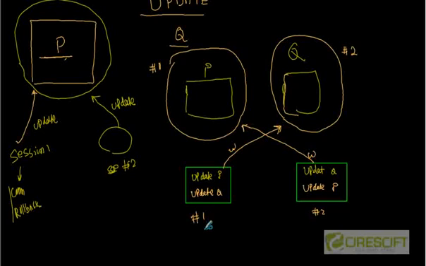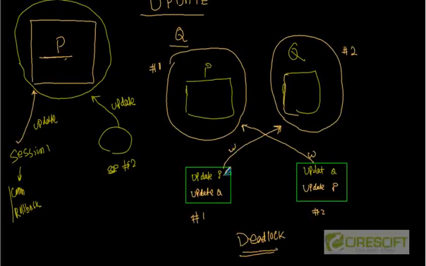So now session 1 is blocked on a lock held by session number 2, and session number 2 is blocked on a lock held by session number 1, and this is called a deadlock. One is blocked and the other is blocked.